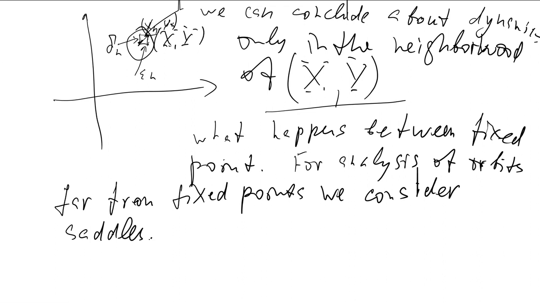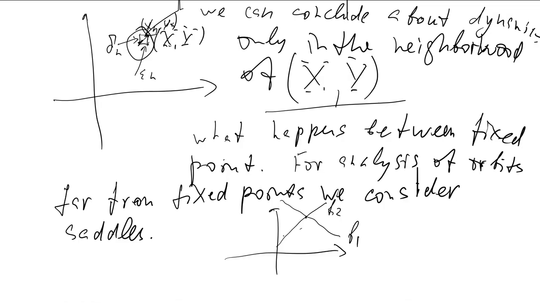So how does it work? Let's consider a saddle. Let's say X capital, Y capital is a saddle. Therefore, we will have two eigendirections, B1 and B2.